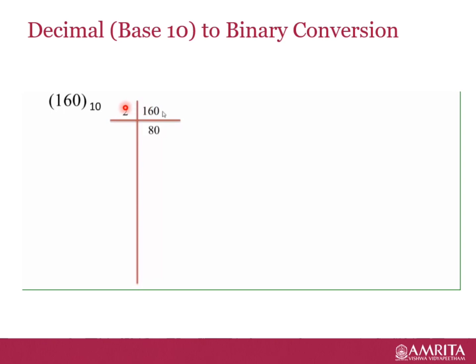So 160 is divided by 2 to obtain the quotient 80, and the remainder is 0. This 80 is again divided by 2 to obtain a quotient 40 and a remainder 0. This process of dividing by 2 continues till you get a quotient 0.